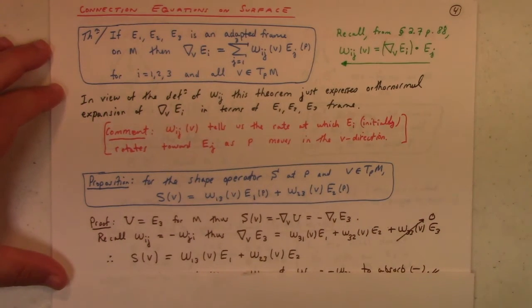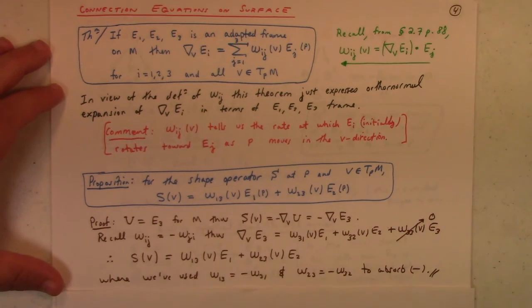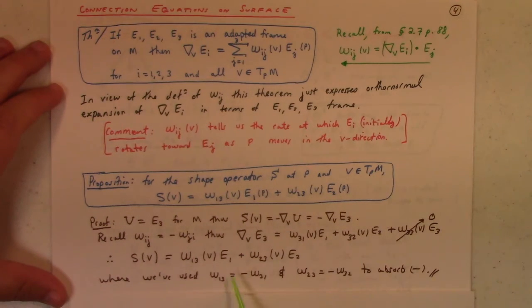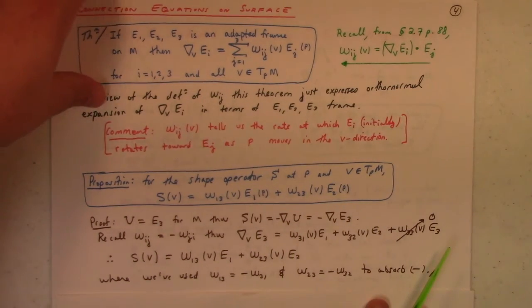So there it is, a formula for the shape operator in terms of these two connection coefficients. You see omega 1,3 and omega 2,3 completely control the shape operator. They control the shape of the surface, so to speak. And by the way, I used the flipping of 3,1 to 1,3 and 3,2 to 2,3 to absorb the minus up here. No big deal.